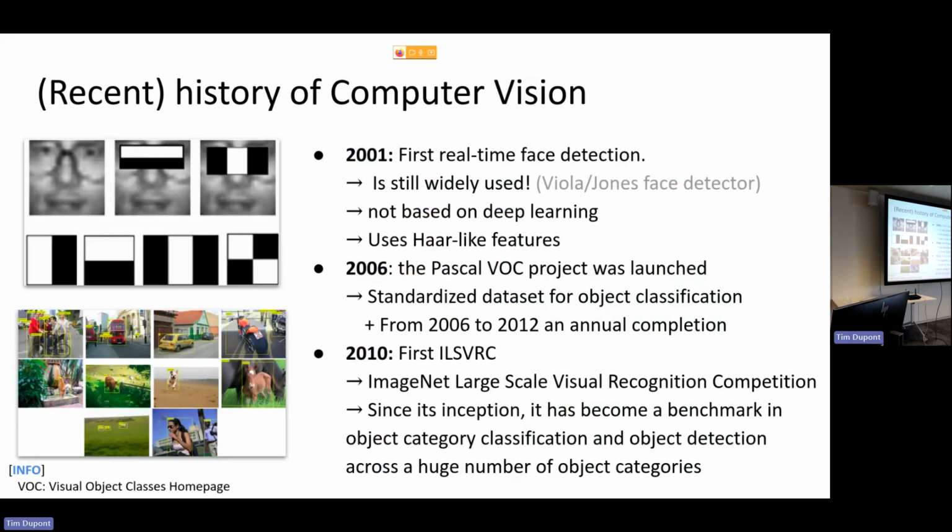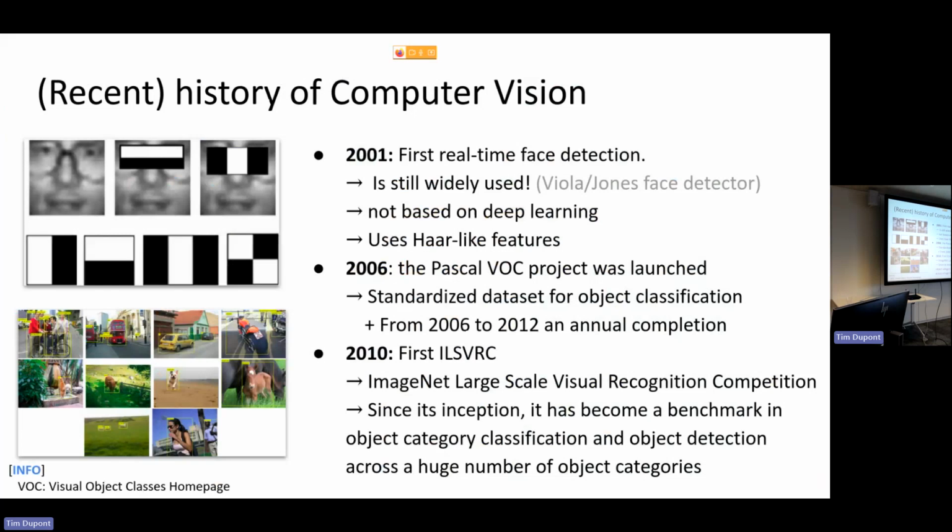So the recent history of computer vision, you can go 500 million years into the past, but let's stick to the 2000s. In the early 2000s, there was the first real-time face detection, the Viola/Jones face detector, not based on deep learning, but based on hierarchy-like features, a mathematical concept. Not going to go in depth about this.